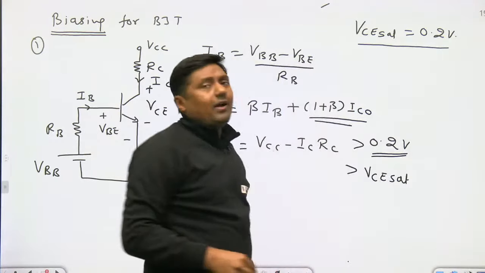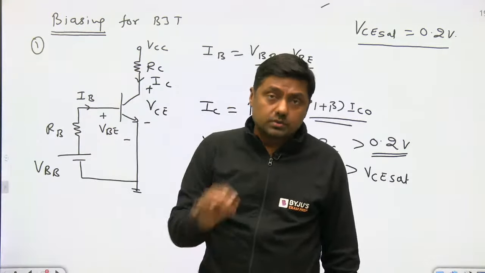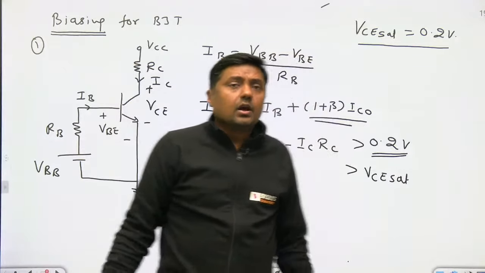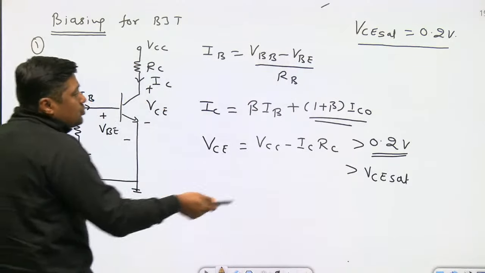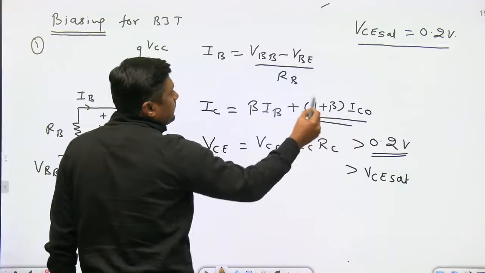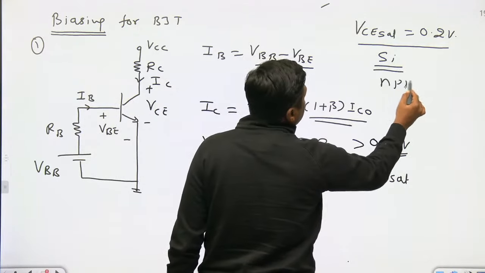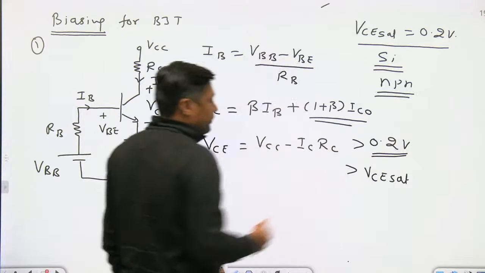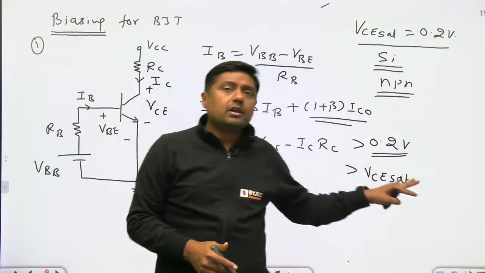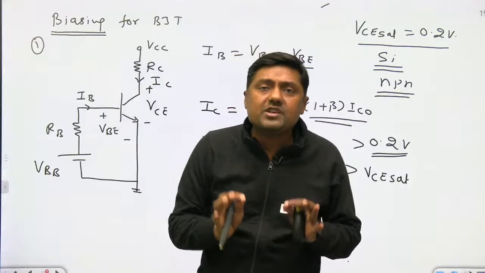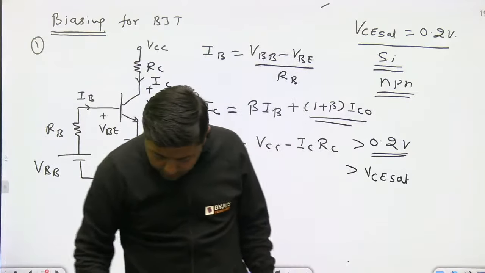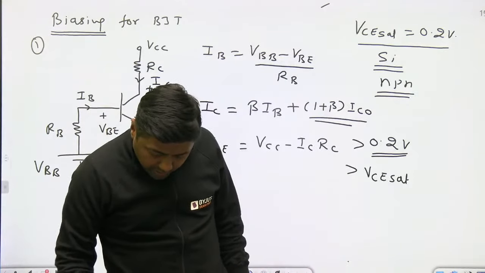It is a typical value. This is called VCE set. If nothing is given, then you can choose this value for a silicon transistor. Normally the question is on a silicon NPN transistor, and that's why I am using 0.2 volt. Otherwise, in a particular numerical, they will provide you the value of VCE set. Okay? Up to this point, any doubt?